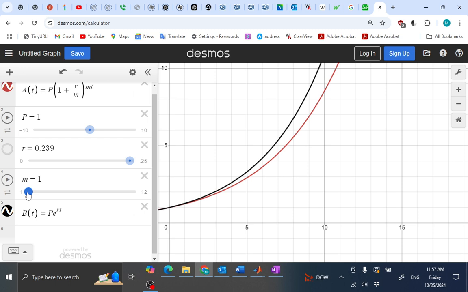Let's see what happens. From m equal to 1, I go to 2. That means semi-annual compounding, so you see it going up. Seasonal meant m equal to 4. I go to seasonal, here I got 4.